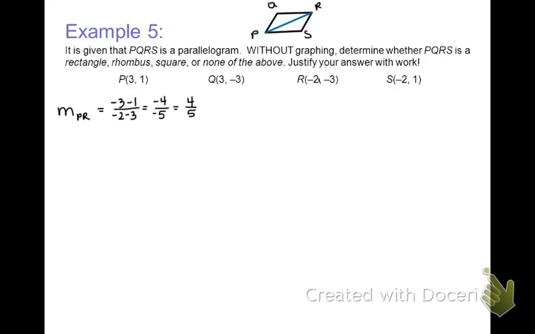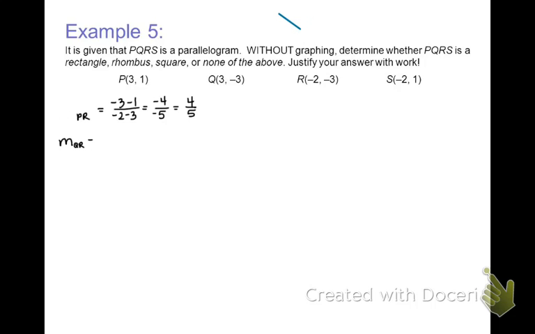Now what am I going to compare that to? I lost that diagonal, but QS is what I want to compare that to. Now let me ask you this. What slope do you want to have on QS if this is going to be a rhombus? What number are you looking for? Do you want parallel or perpendicular right now?